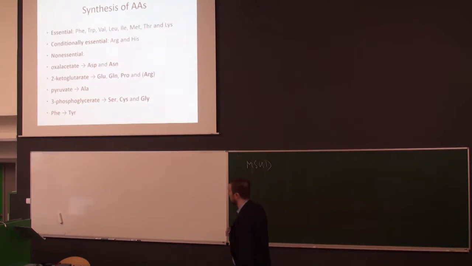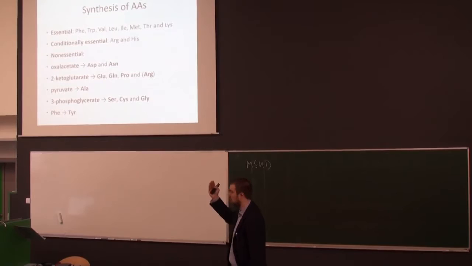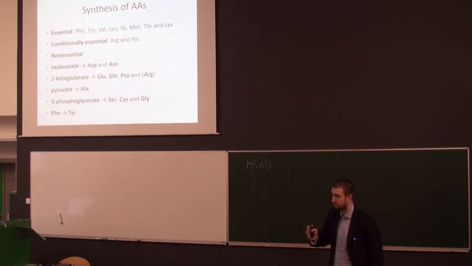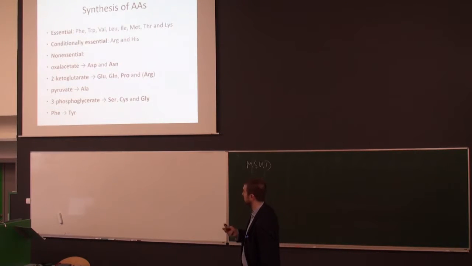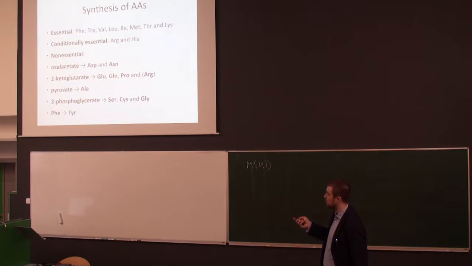So if we look at those that were in the previous list at the top, that means alanine, glutamate, glutamine, aspartate, asparagine, you see that they are produced quite simply by the transamination from pyruvate, alpha-ketoglutarate, oxalacetate, or for glutamate you can reverse the glutamate dehydrogenase reaction. So that's quite simple.